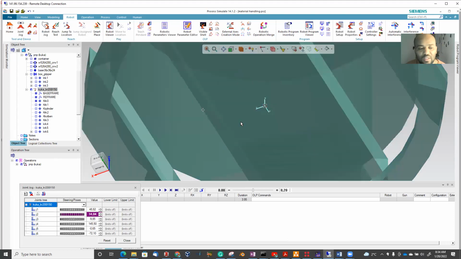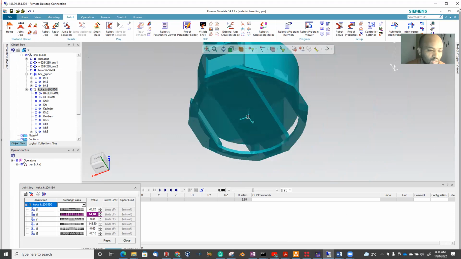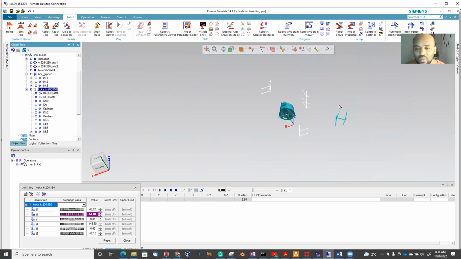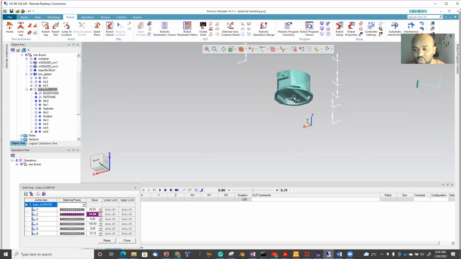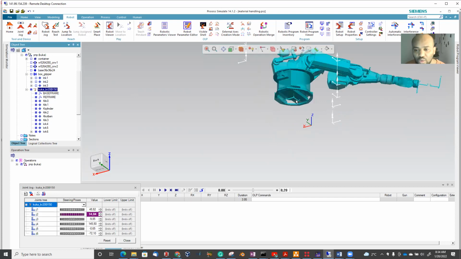So this guy is connected to the last point, which is this guy.